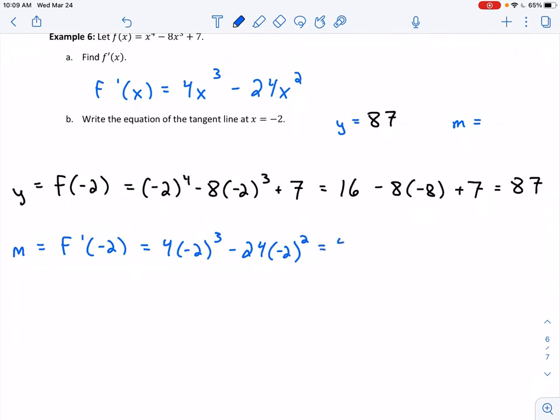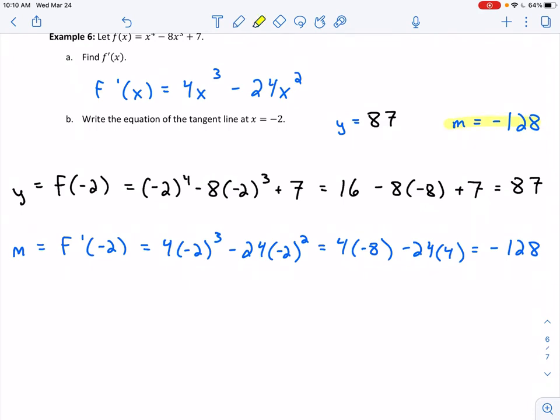So here I've got 4 times negative 8 minus 24 times positive 4. Be careful with your signs here. I should end up with a slope of negative 128. We're working with some large numbers here, I guess. So our slope is negative 128.